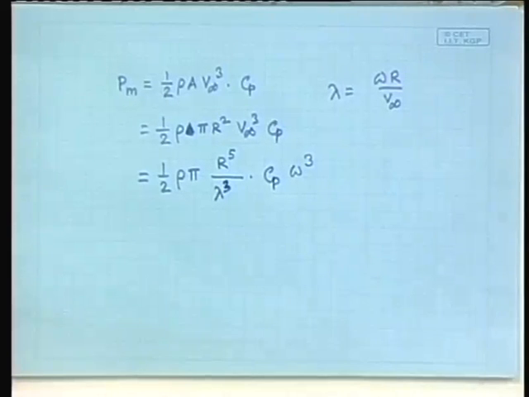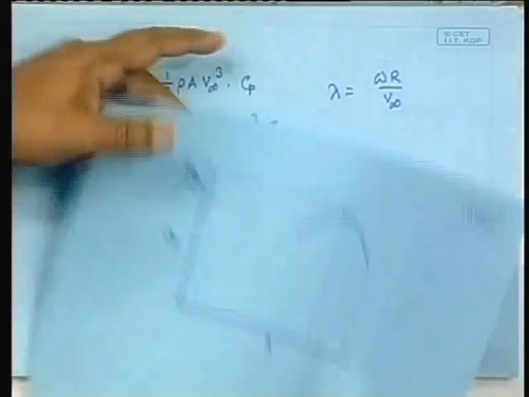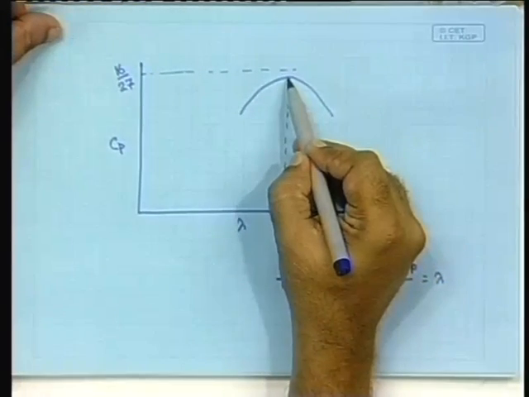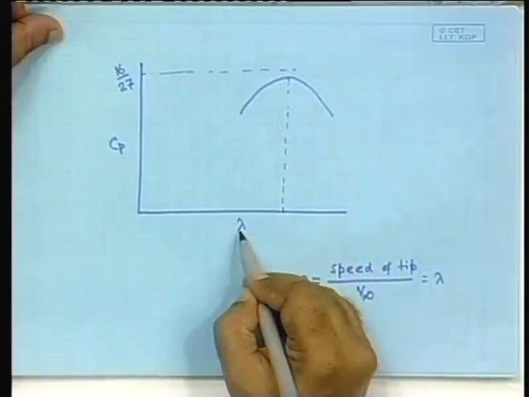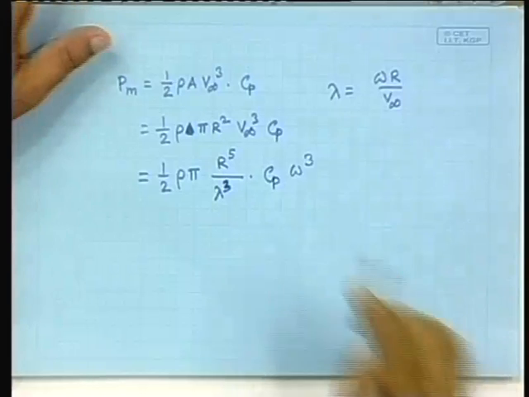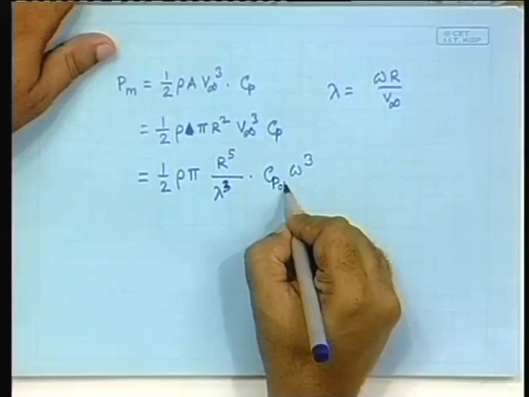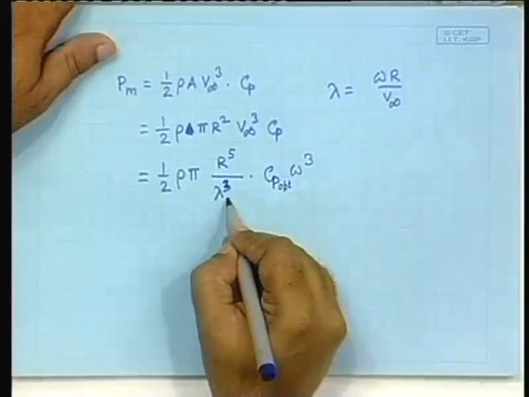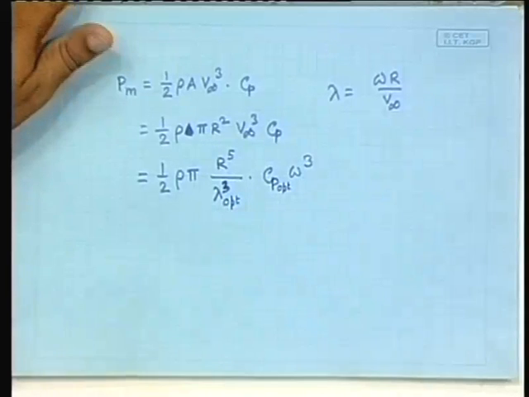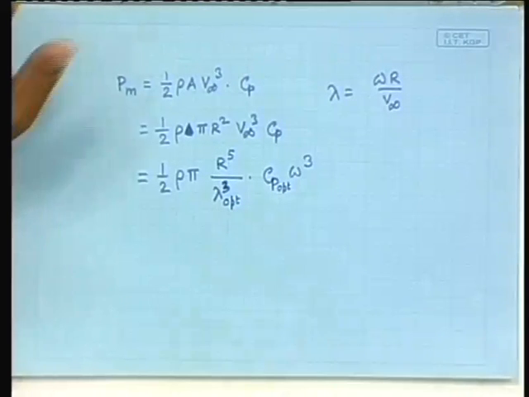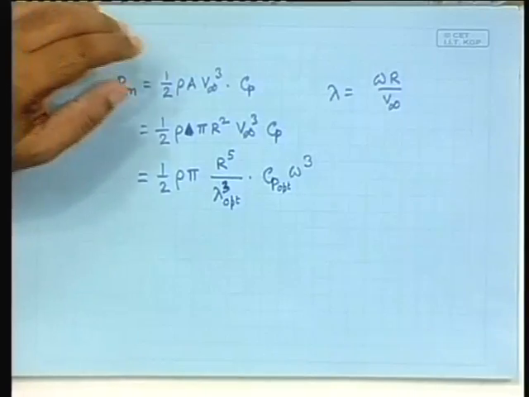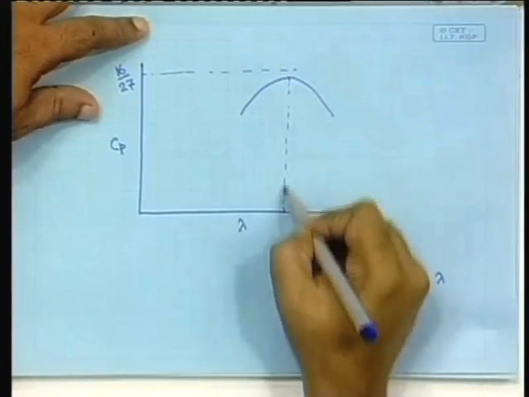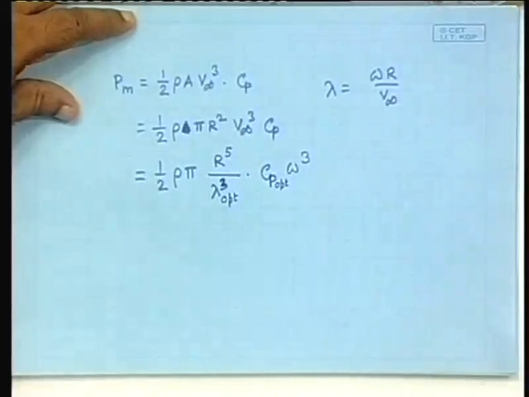Now, as I told you, it operates at an optimal Cp at an optimal value of lambda. Suppose you are operating at that point, so these two are optimal.